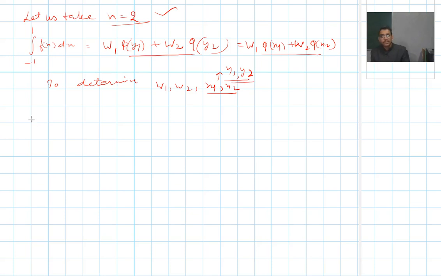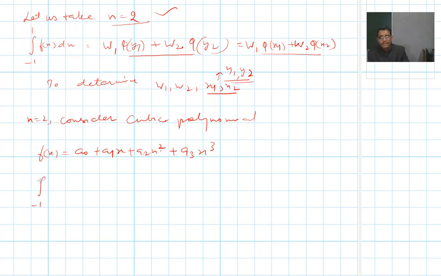And for this, for n is equal to 2, we will consider a cubic polynomial, because we have to find out the 4 values, right? So that's why we are using a cubic polynomial. Let us assume that the polynomial is fx equal to a0 plus a1x plus a2x square plus a3x cube.